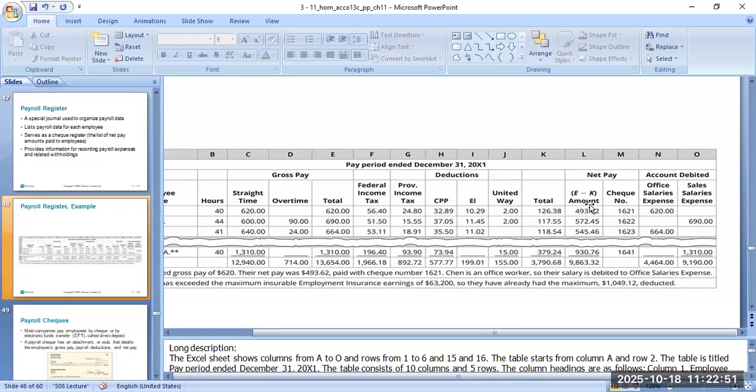Then the total deductions amount, the check that will be issued to the employee, and how much is the office salary expense. And keep going.